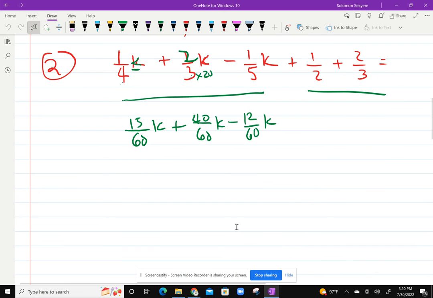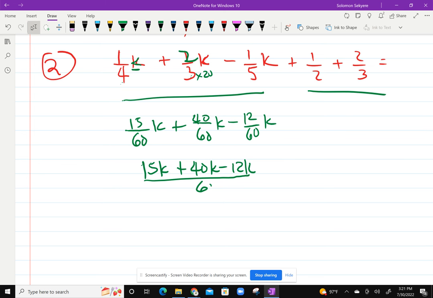And then this becomes 15k plus 40k minus 12k, everything over 60. This is 55. 55 minus 12 is 43. This is 43k over 60.